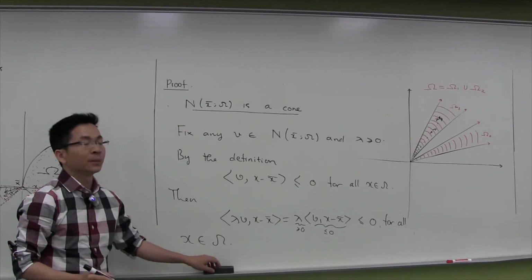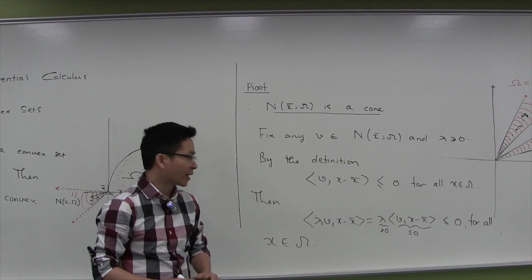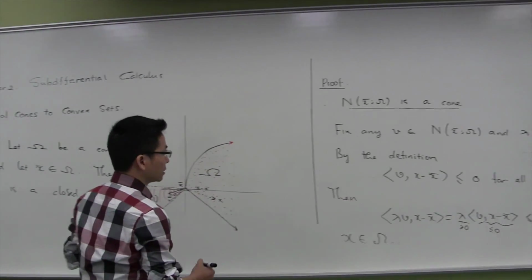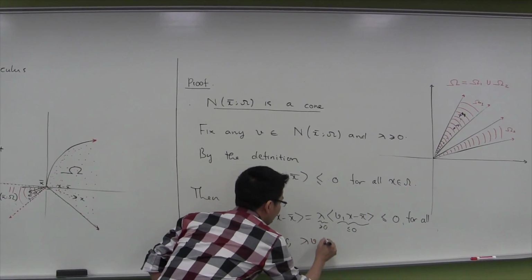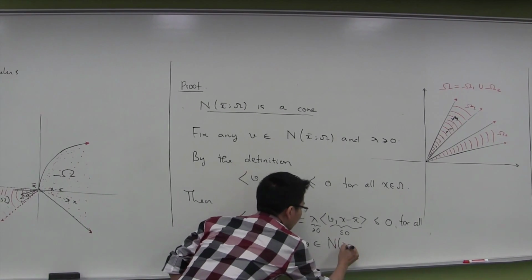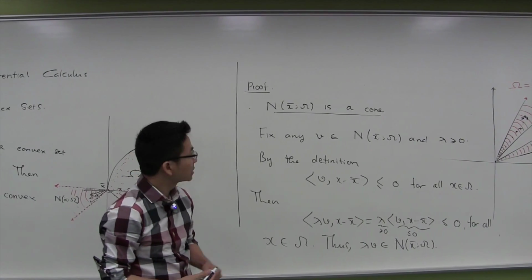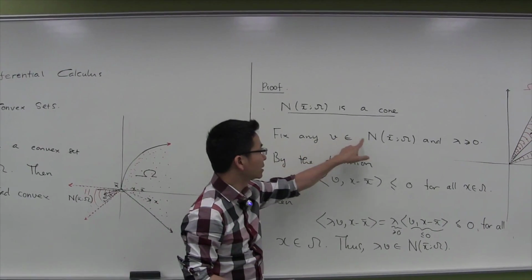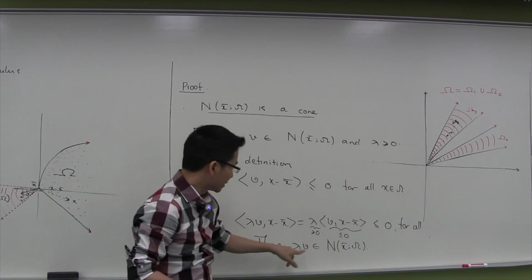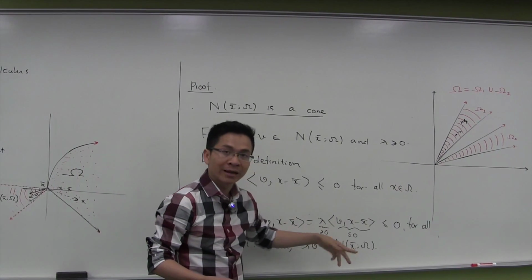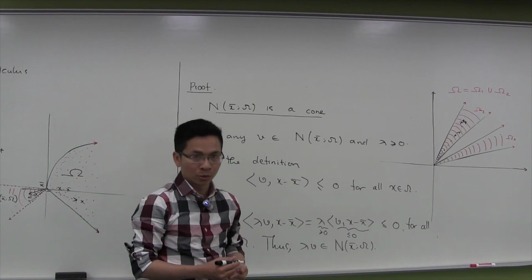Then we apply the definition of the normal cone to convex sets again. Thus, lambda v belongs to this normal cone. So we have proved that whenever v is an element of this set and lambda is greater than or equal to 0, then lambda v belongs to the set. Therefore, the normal cone to omega at x bar is actually a cone.